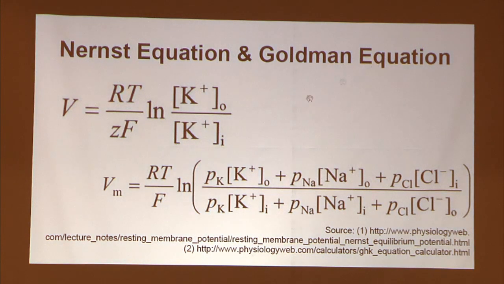And then we have Goldman's equation, which helps you calculate the membrane potential overall based on all of the ions interacting. So Nernst equation is for one ion, Goldman equation is for the overall membrane potential. I'm not sure if he's going to have you calculate things on the test, probably not. But it's good to make note of when to use it and what it's for.